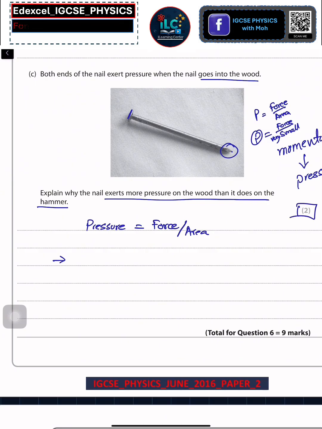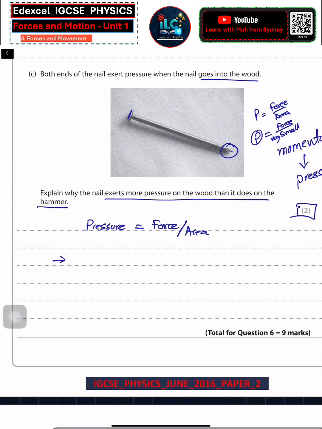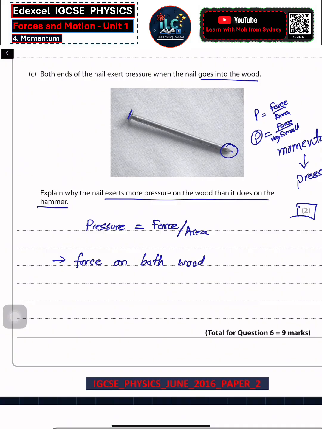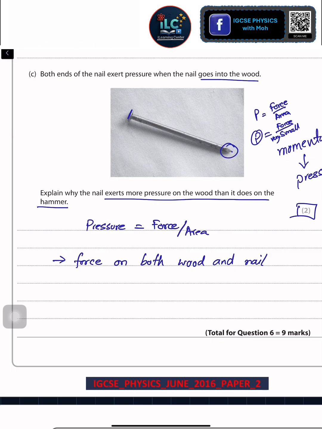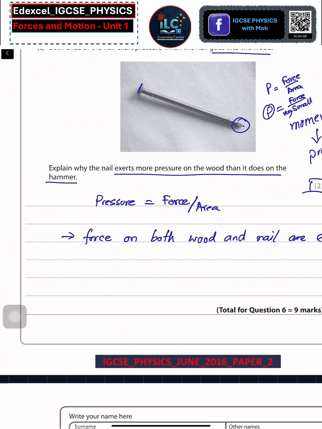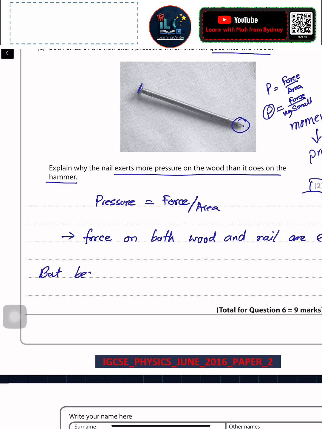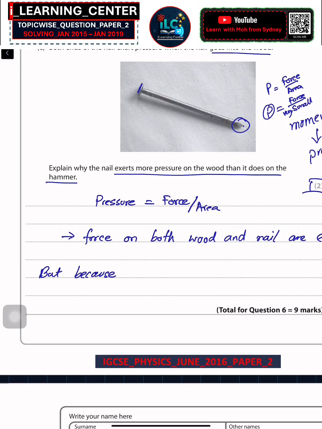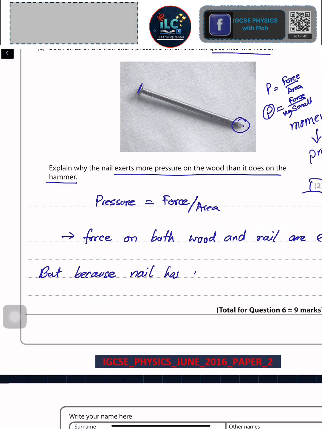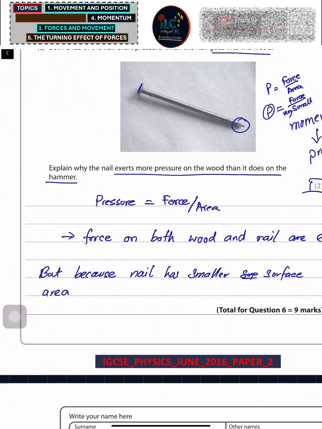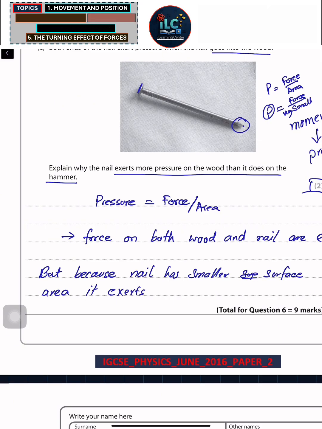So here another 2 marks. We will say that force on both wood and nail are equal. But because the nail has a smaller surface area, it exerts more pressure.